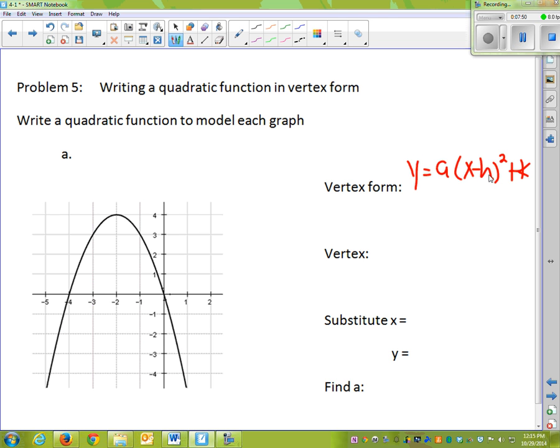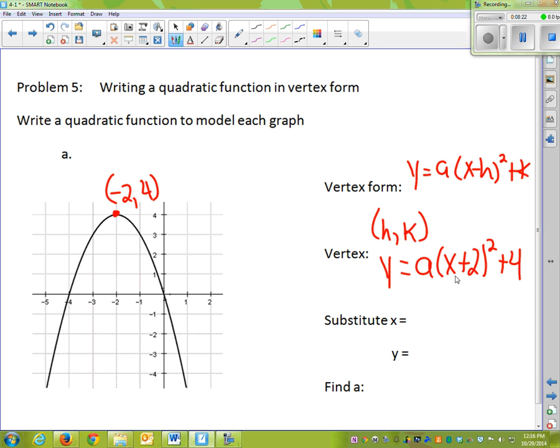So what I need to find are h and k, the vertex, and then the letter a. So looking at my graph, the vertex is -2, 4. Let's put those in for our h and k. I have y equals a (x minus -2), which makes it positive, plus k.